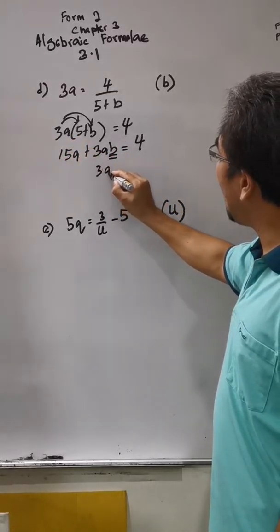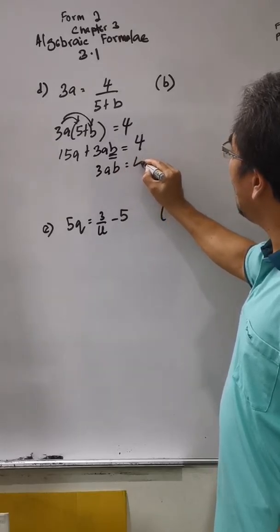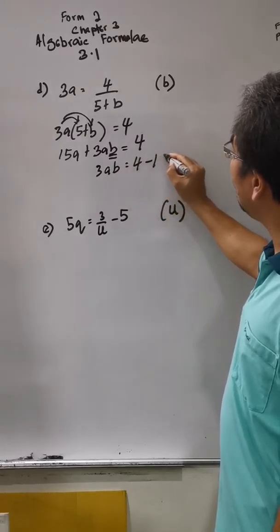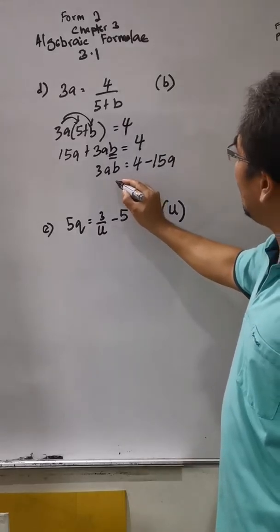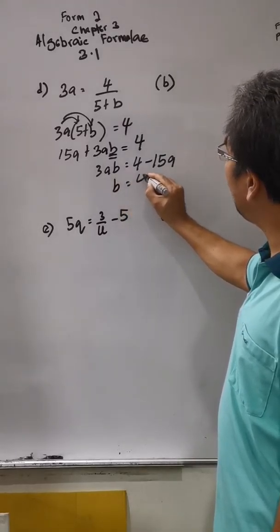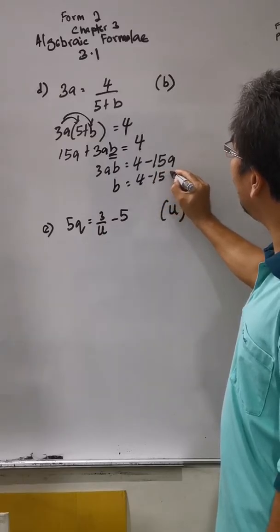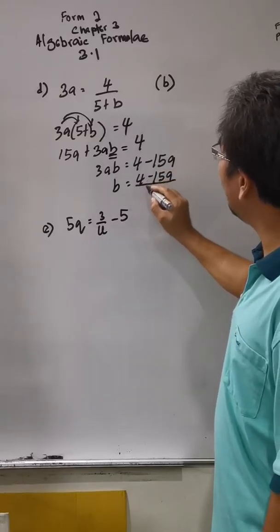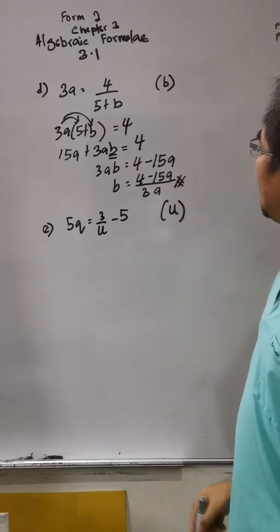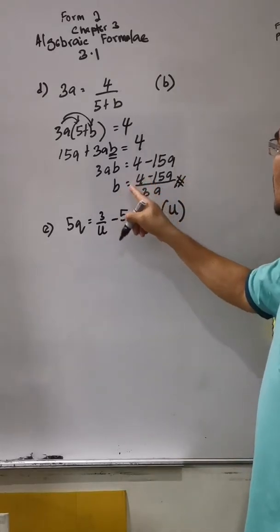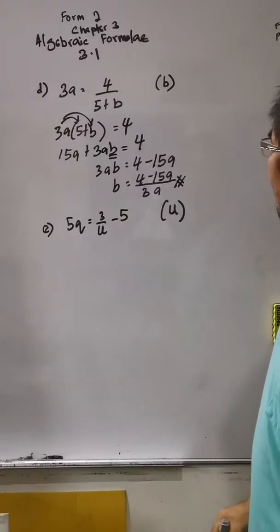So 3AB equals 4 minus 15A. So B is 4 minus 15A over 3A. That's the answer. So we have B alone on the left side.